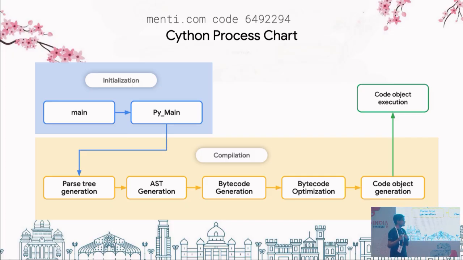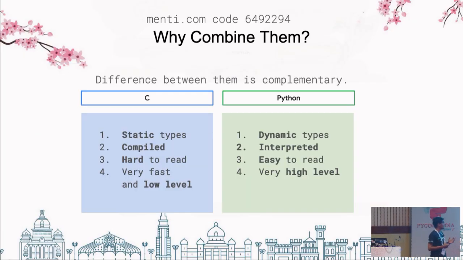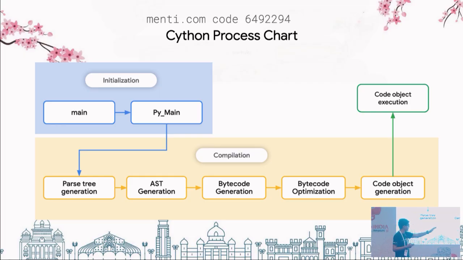I'll get to the details of it, but the first thing is we do parse tree generation, abstract syntax tree generation, bytecode generation, optimization, then again object generation, and then execution. So these are a series of multiple steps, and we will go through each one of them to understand what happens. But the first question is, why am I trying to combine C with Python? Why combine them? Why do all these things?